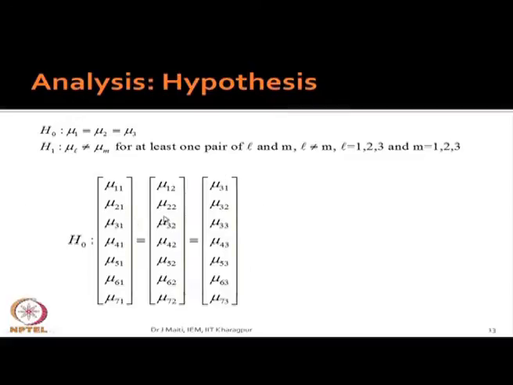So, every value is equal to the corresponding value in the vectors. What is your alternative hypothesis? We are saying no, at least one pair, maybe mu11, mu12, they are not equal, or maybe mu71 and mu72, or mu72, mu73, they are not equal. That is your hypothesis.